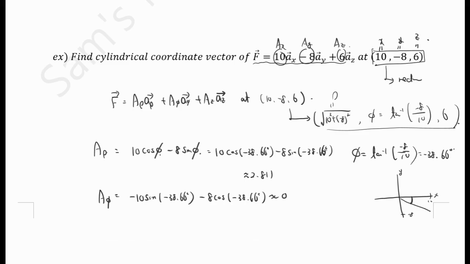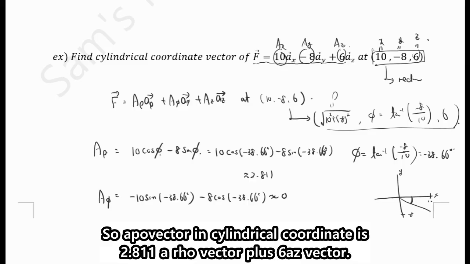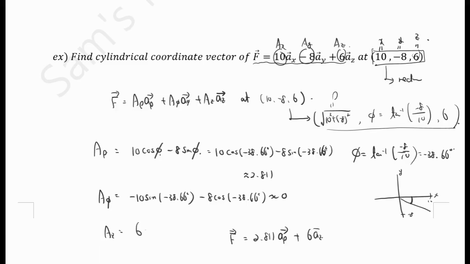This approximates 0. Az equals 6. So the F vector in cylindrical coordinate is 12.81 a rho vector plus 6 az vector. This is the answer of this question.